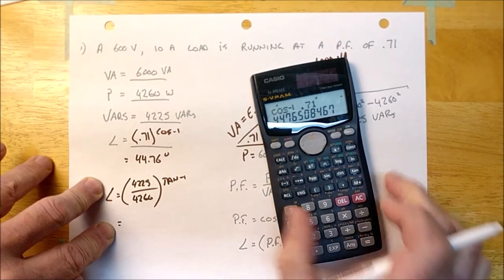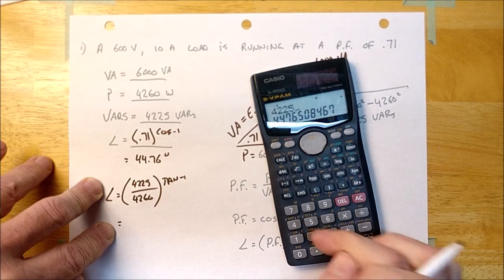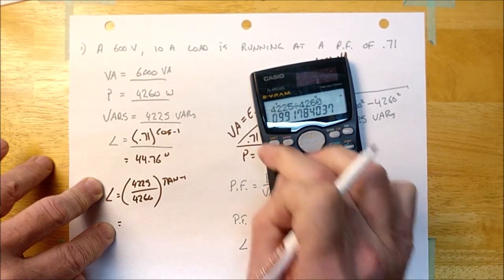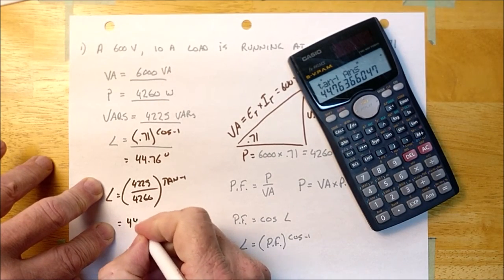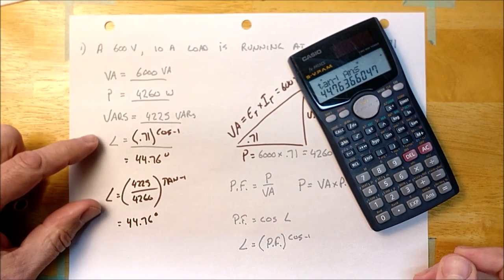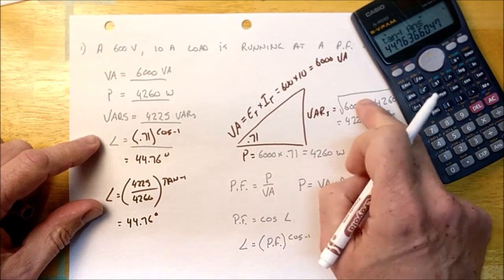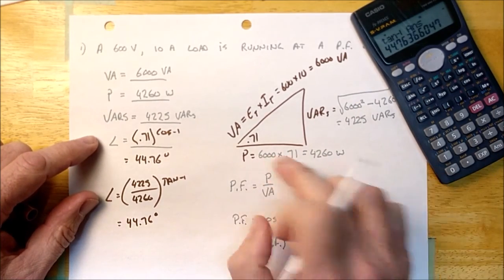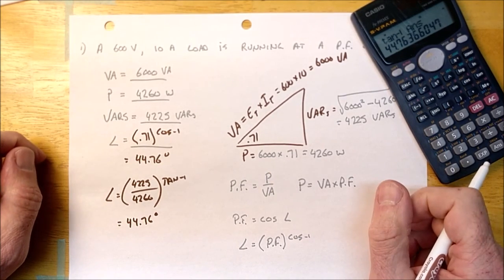And so it's 4225 divided by 4260 equals, shift tan equals, okay, 44.76 degrees. Okay, so I don't care which one of these you use, whatever works for you. If you're used to using opposite and adjacent, opposite's always going to be VARs, adjacent's always going to be power. Okay, so pick your poison, use whichever one you like.